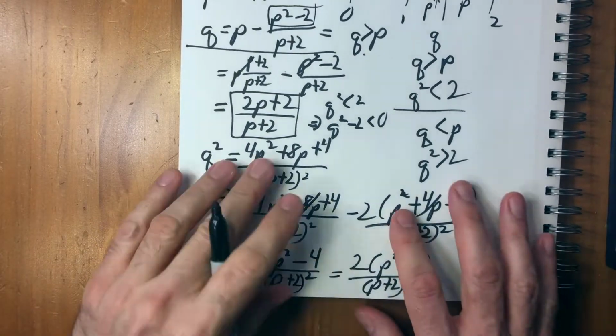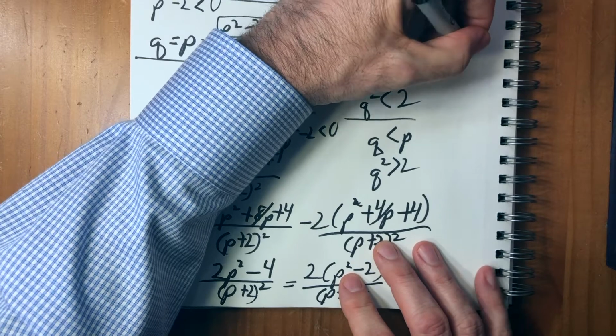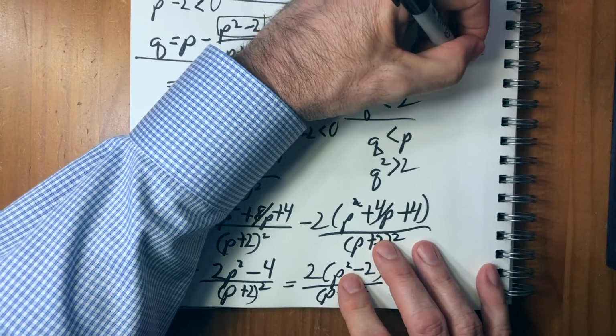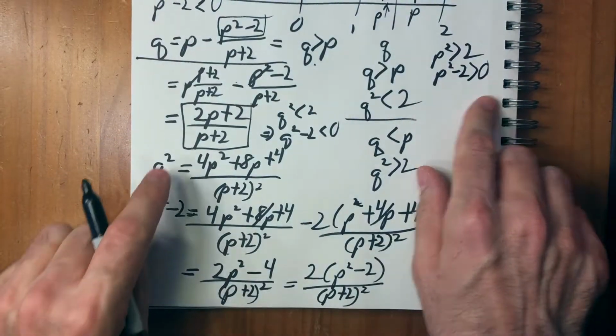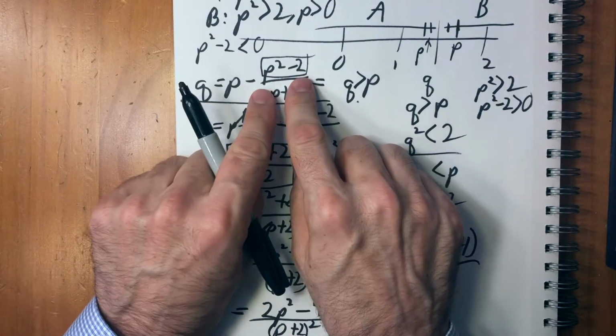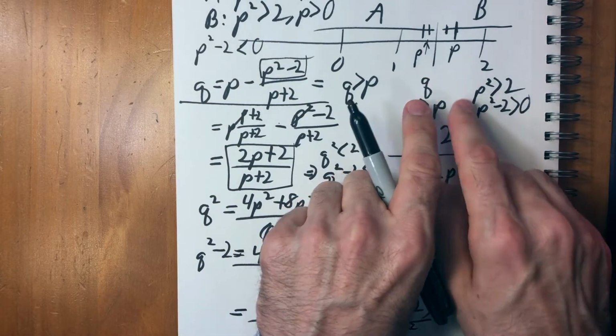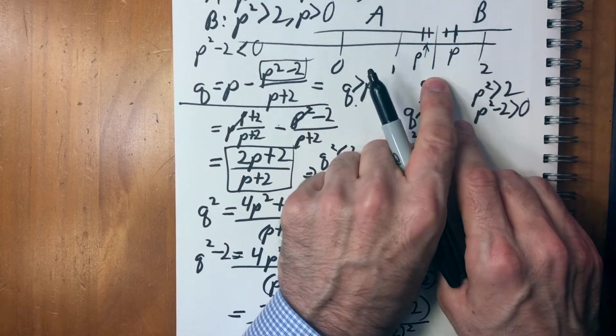So in this case, if p squared is greater than 2, that means that p squared minus 2 is greater than 0. That means that p squared minus 2 is positive. This number is also much smaller than p, because if p squared equaled 2, it would be here.